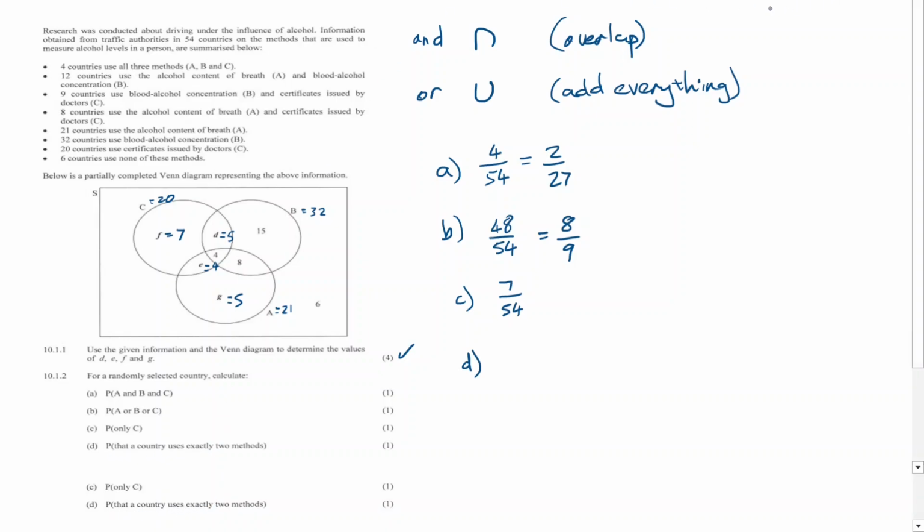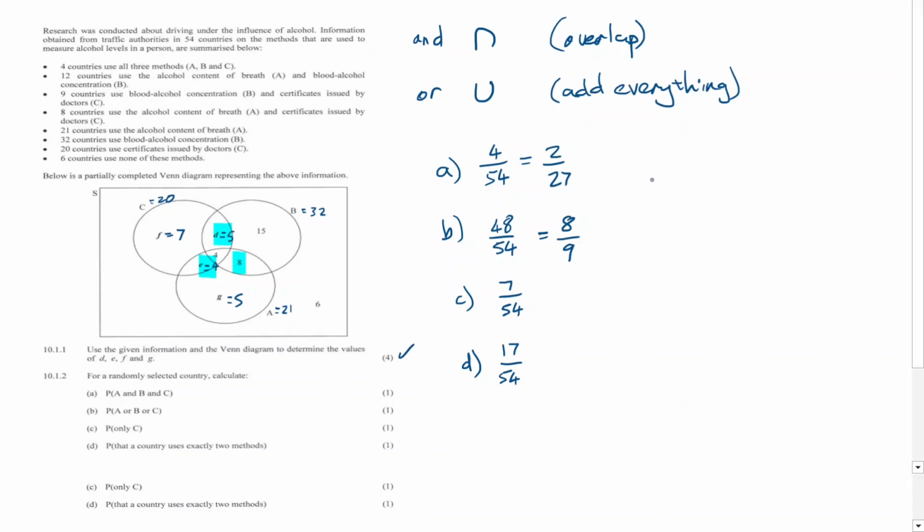And so who's going to use exactly 2 methods? It's all these people here. It's not the 4 in the middle because they use 3 methods. It's these numbers here that use exactly 2 methods. And so that would be 12 plus 5 is 17 over 54. And that would be your answer.